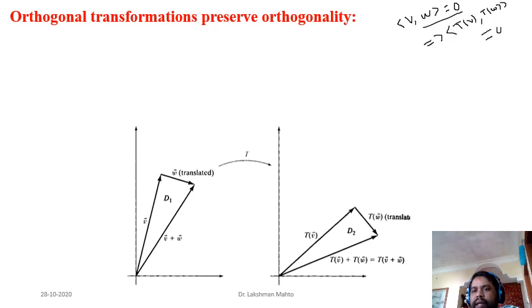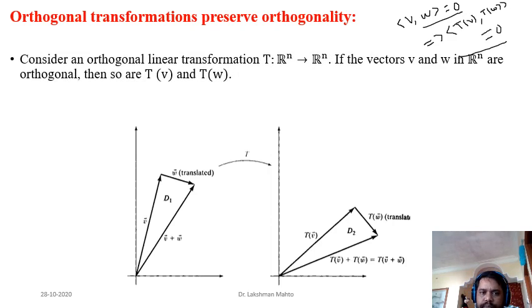That means Tv and Tw would also be perpendicular to each other. If we are given that v and w are perpendicular to each other, then it will imply Tv and Tw are also perpendicular to each other. So orthogonal transformation preserves orthogonality.